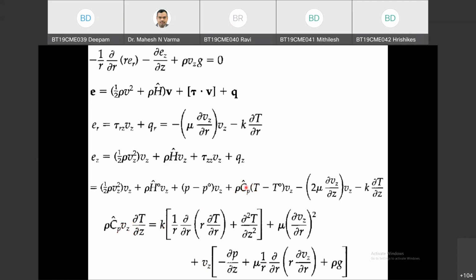You keep this term on the LHS, and transpose the remaining on the RHS and collect all the terms having thermal conductivity, all the terms having viscosity, and all the terms having velocity. So this is one bracket, this is another bracket, and this is the third bracket. Very simple, you substitute this, and T0 is constant actually. T0 is constant. Whether velocity is varying in the z direction?